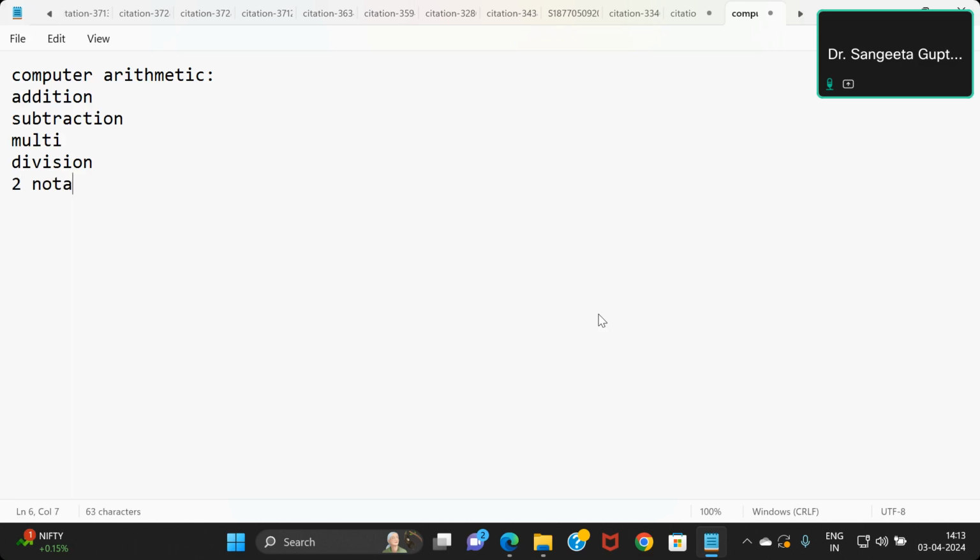The first one is fixed point representation, and the second notation is floating point representation.